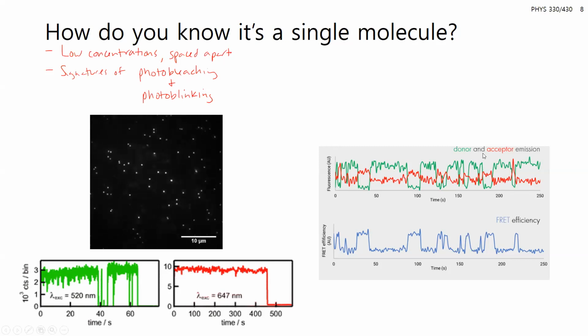You guys want to answer in the chat or unmute yourself. Yeah, so Dishani says photobleaching. So this one's just showing photobleaching. The one on the left, what is that showing out of these options? Photobleaching, photoblinking, or both?